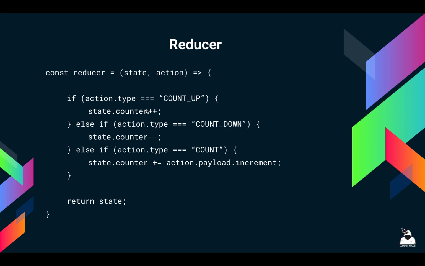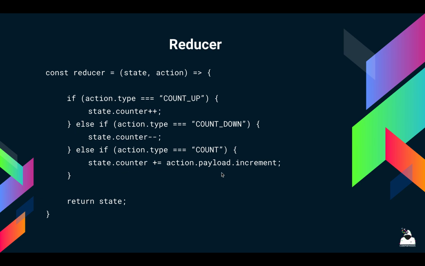We're going to increase counter by 1 if the action type is count up. If the action type is count down, we're going to decrease counter by 1. If the action type is just count, then we'll assume that there is a payload with the action that has a key of increment on it that is going to increase it, or that increment could be a negative number.